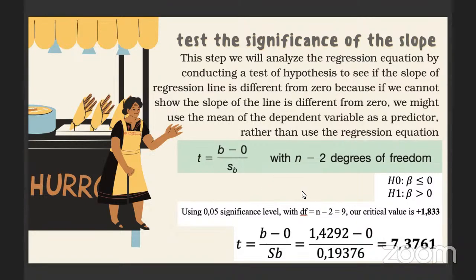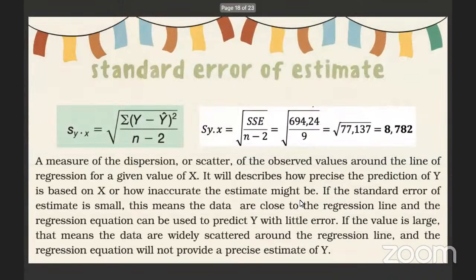So after using the formula and dividing, our t value is 7.3761, which means that it is in the rejection area. That means we need to reject the null hypothesis, and our beta, or the slope of the regression line, is different from 0.